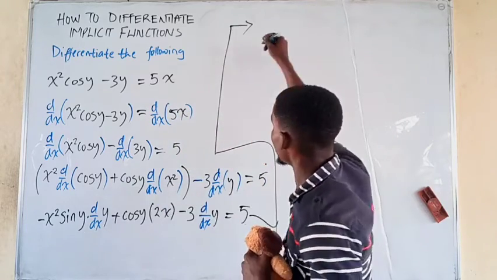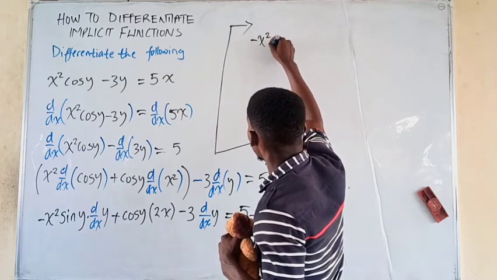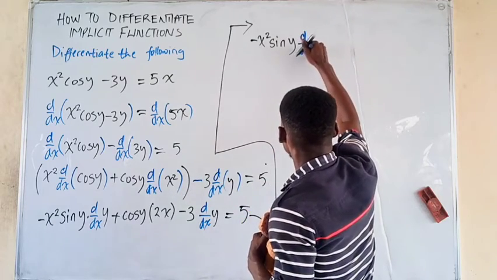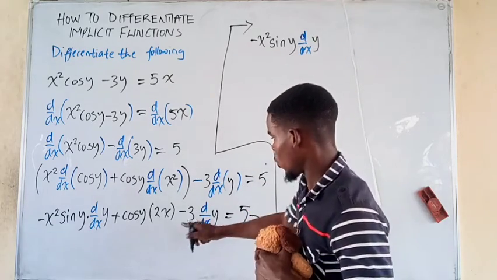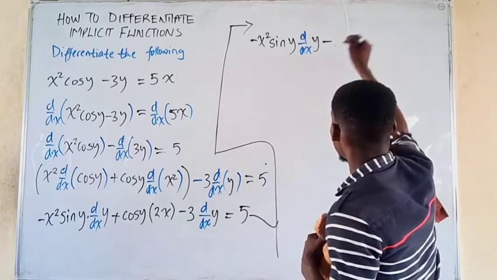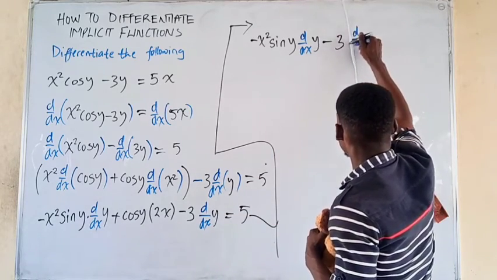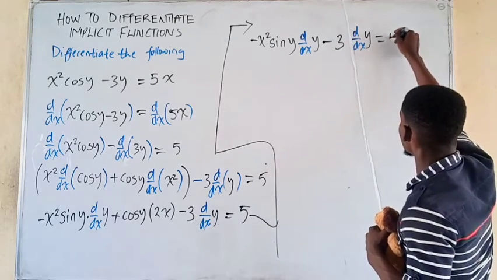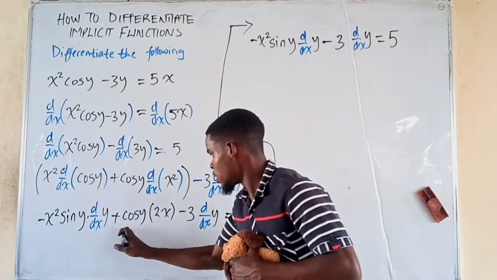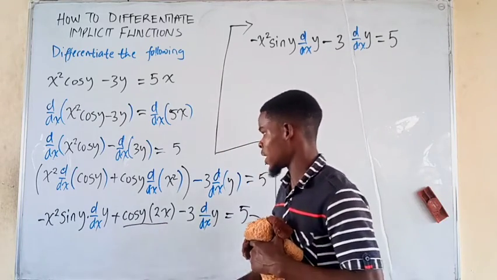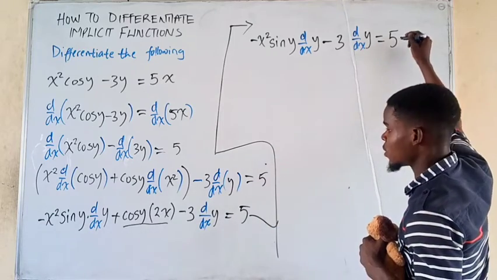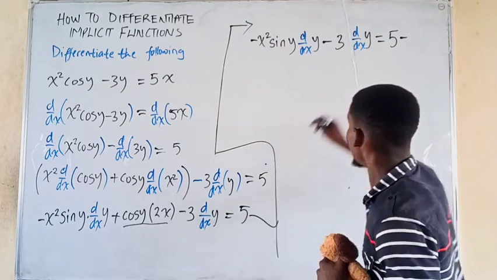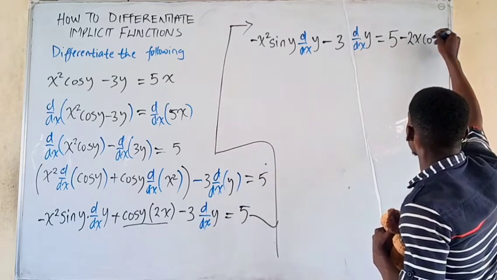So we're going to keep negative x squared sine y times the derivative with respect to x of y, and then we're going to keep this minus 3 dy/dx. We equate it with 5 on the right-hand side. And then there is something still left here, which is this one. It doesn't have the dy/dx, so we move it to the right-hand side. That will become minus cosine y times 2x. So maybe I can rewrite it as 2x cos y.